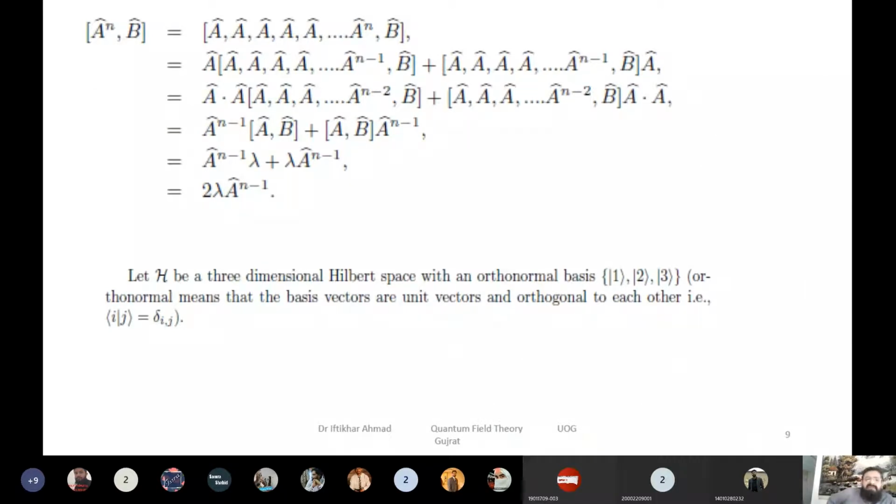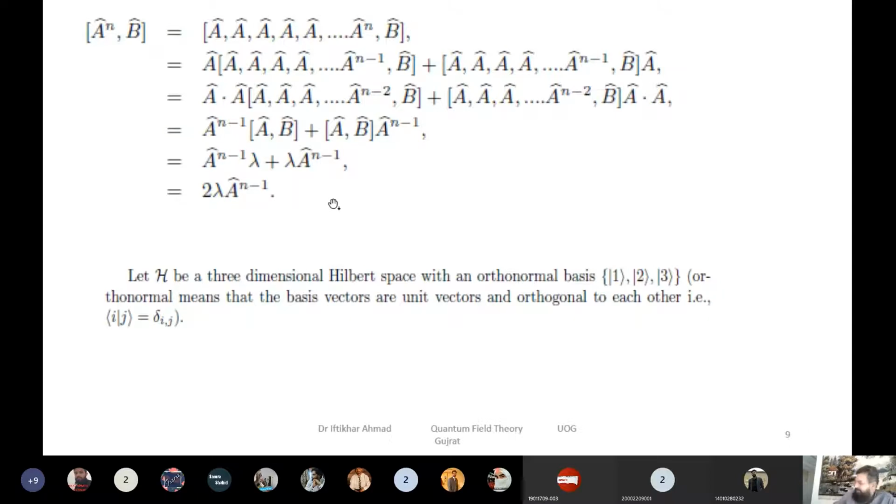So this is operator b, and then you can open it again, a outside, and then a on the other side outside. So finally you get this relation.